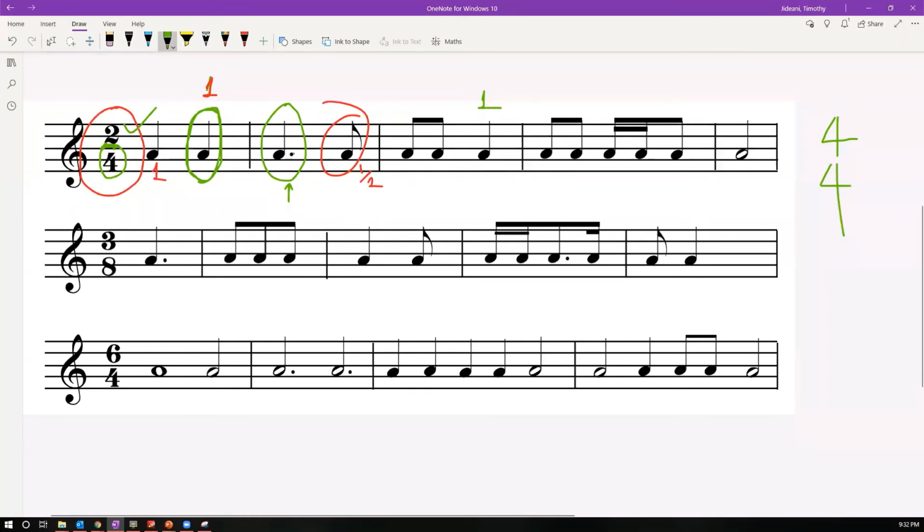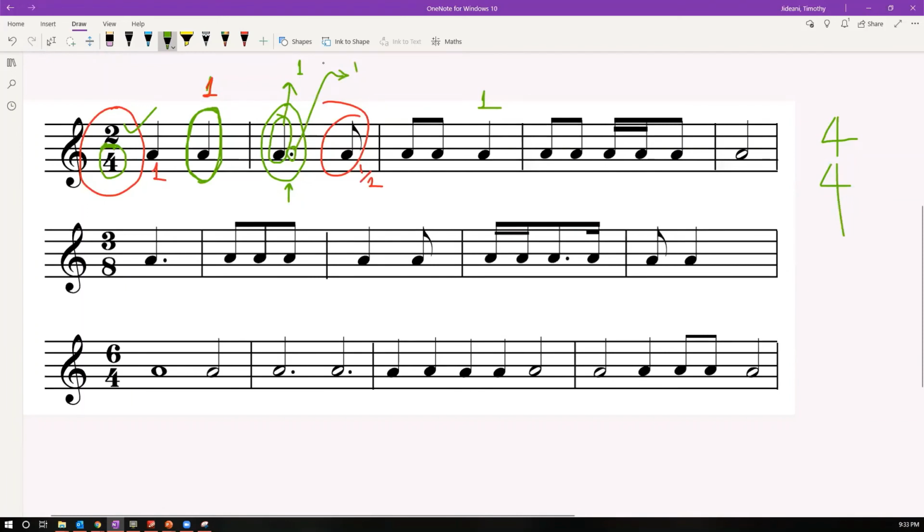Okay, 1.5. Why? Because if you see a dotted note, this dot splits the value of this note in half, and it adds it to the value of the original note. So this note is 1 beat, and this dot tells us that we need to divide the value into 2.